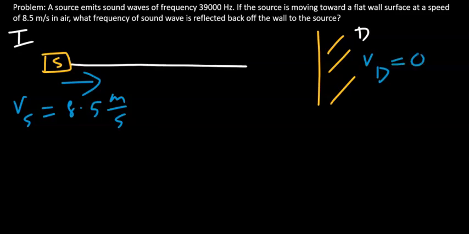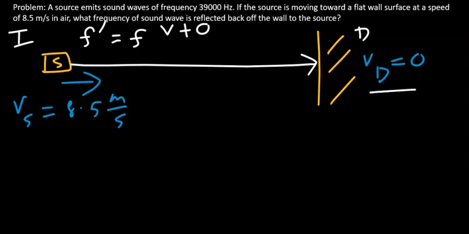So the wave goes all the way to the wall. The frequency of the sound wave that gets to the wall is F times V, which is the sound wave speed, plus V sub D, which is 0, over V. The source is moving towards the wall, so you have to choose the minus sign to get a shift up. The speed of the source is 8.5, so minus 8.5.